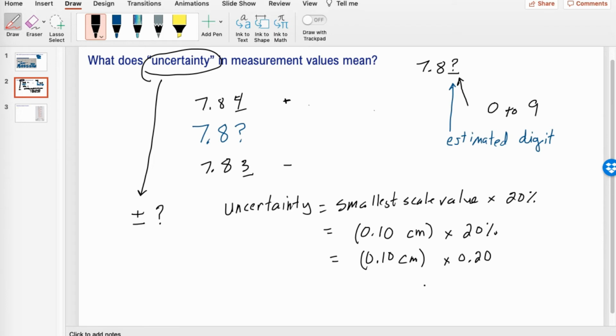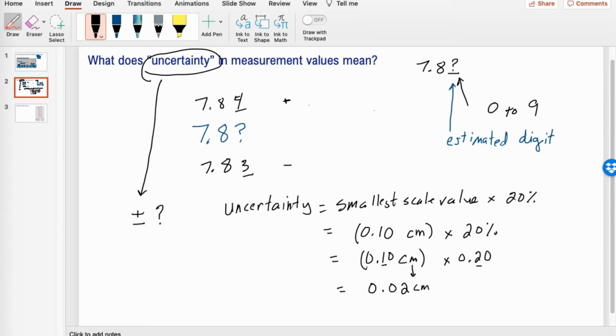Well, it's no secret that 2 times 1 is 2. You've got this value and this value, so you have a total of 2 places after the decimal, so your answer should have 2 places after the decimal. If you punch it in the calculator, you'll get 0.02, and then you bring down the unit, centimeters.